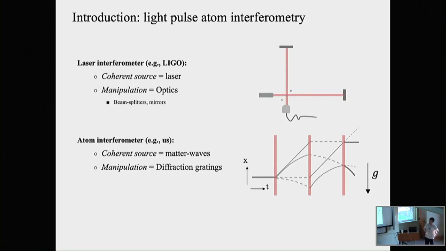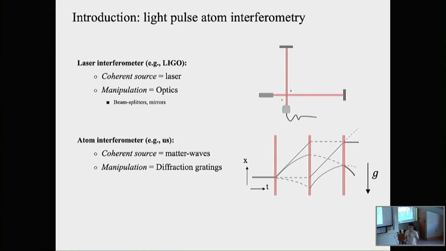The main technique used in our experiment is atom interferometry. So what is an atom interferometer? I'd like to introduce it with an analogy to a laser interferometer, like LIGO.